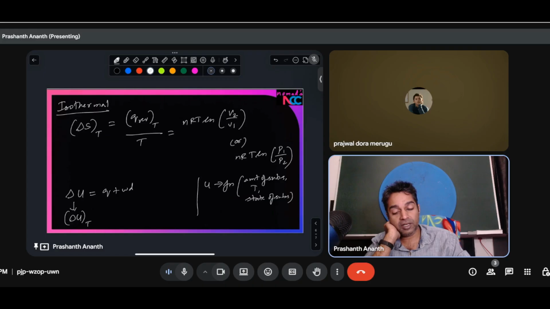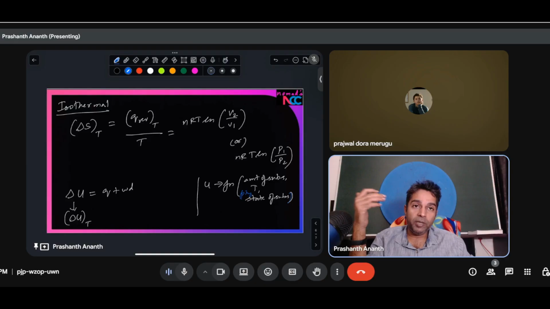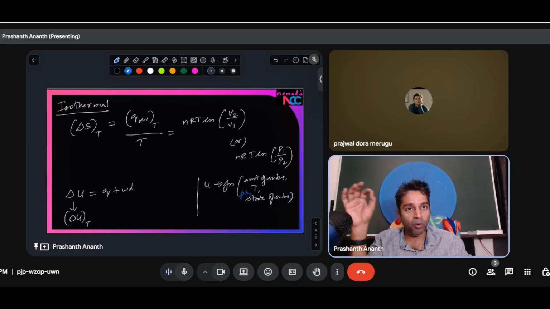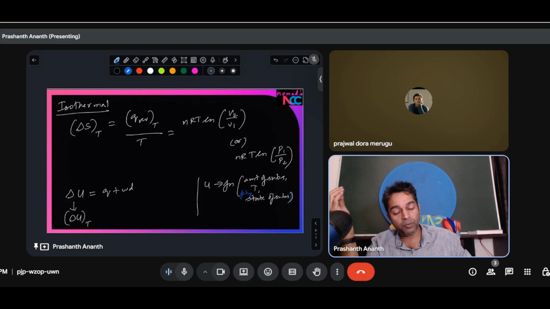State of substance here means physical state, not just state in that sense. So if the gas remains a gas, temperature is constant, and the number of moles of the gas is not changing, the internal energy of the gas is not changing. Same way, H is also the same thing.